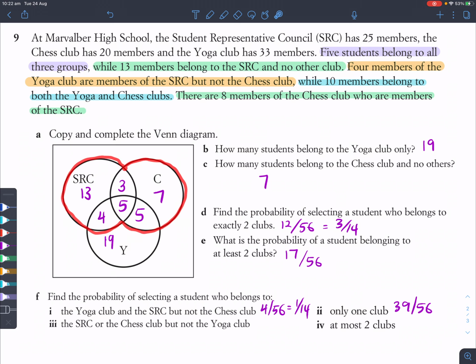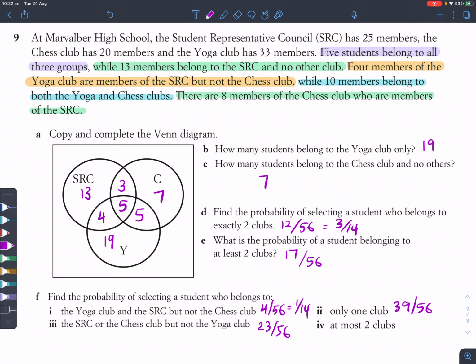And it doesn't want people from the yoga club. So if it doesn't want people from the yoga club, we have to exclude what's in the bottom circle. So it only includes those numbers on the top, which are 13, 3, and 7. So 13, 3, and 7, they add up to become 23. And that's out of 56.